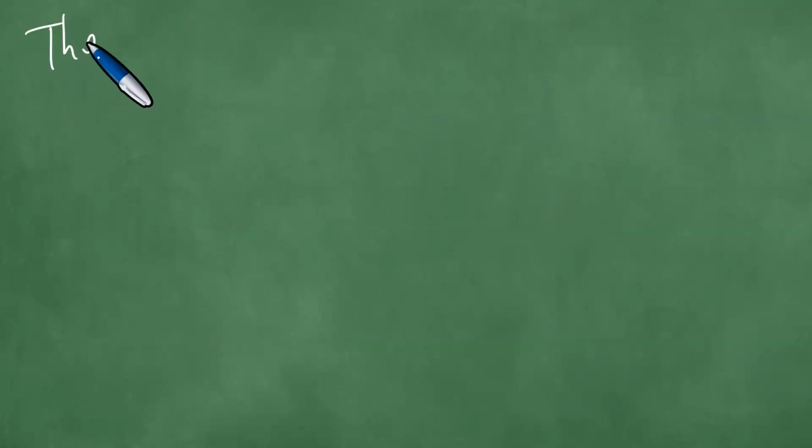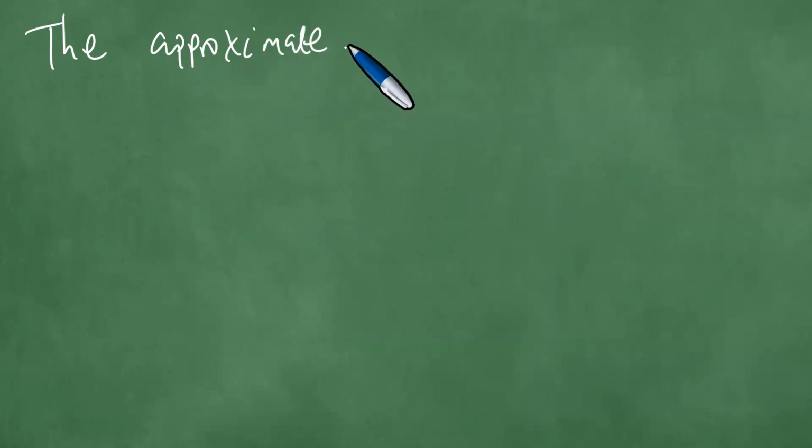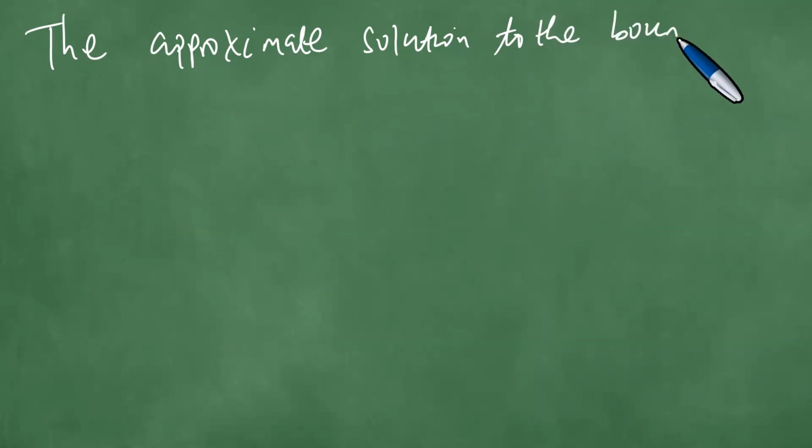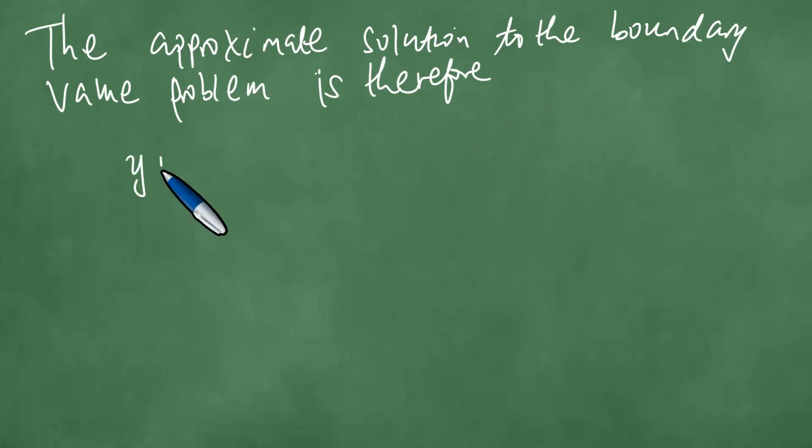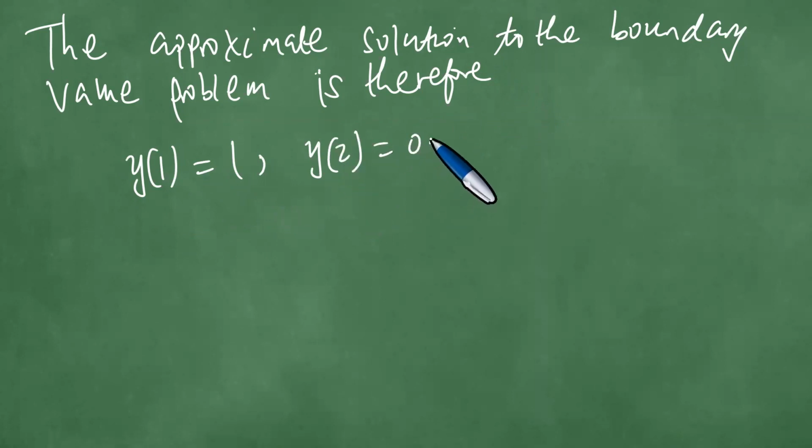The approximate solution to the boundary value problem is therefore Y1, Y2, Y3.